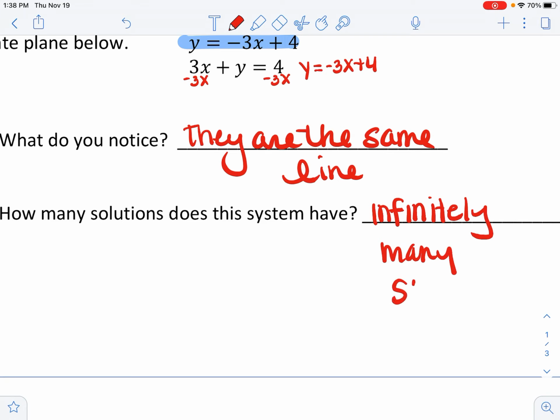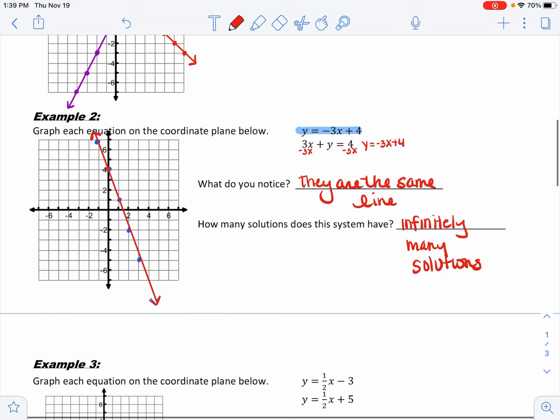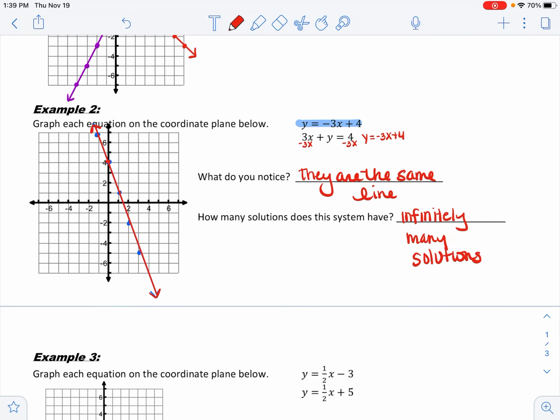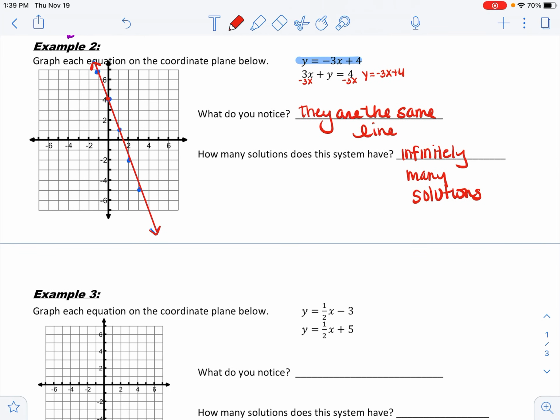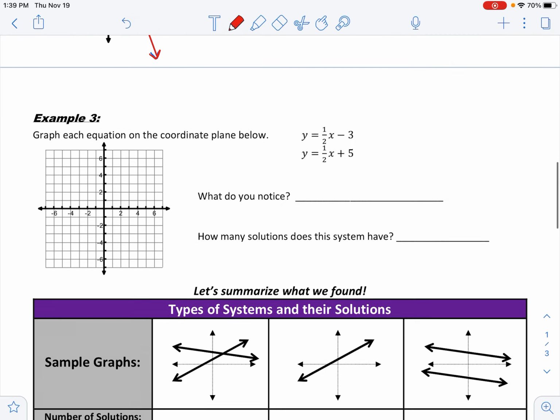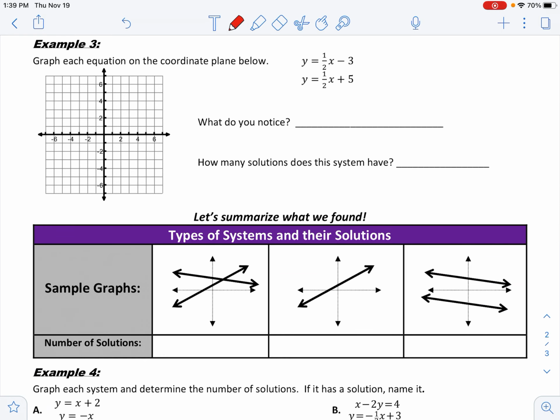There we go. Many solutions. So when it intersects that many times, an infinite amount of times, there are infinitely many solutions. If I asked you what is the solution to the system, you could say infinitely many solutions, or you could say all points on the line. I prefer infinitely many solutions.